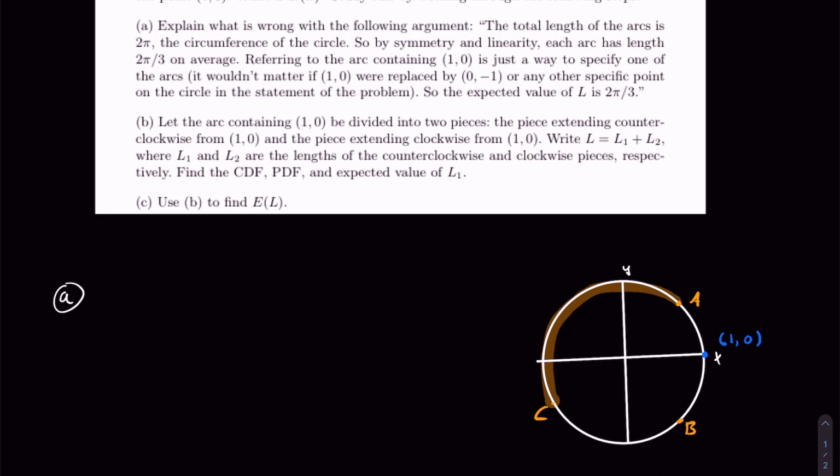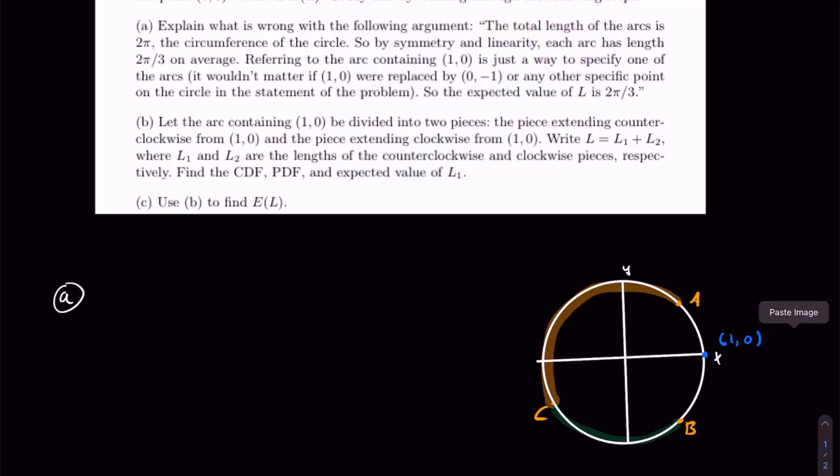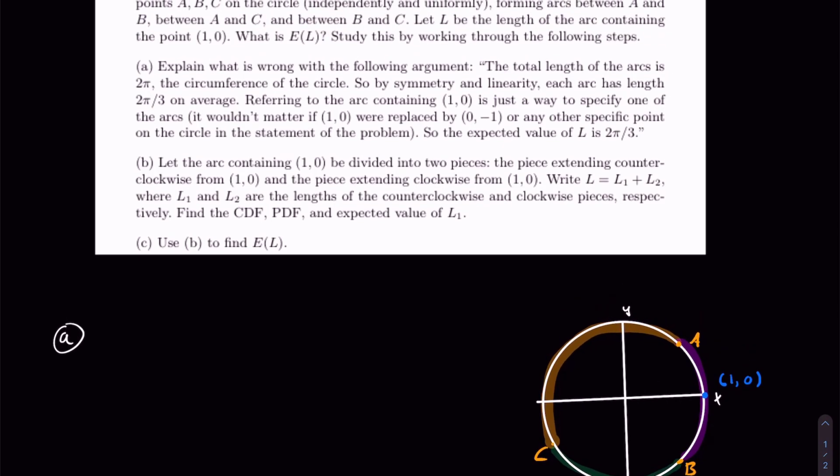We have another arc going from C to B, and let's draw another one in purple. Okay, so we have 3 arcs.